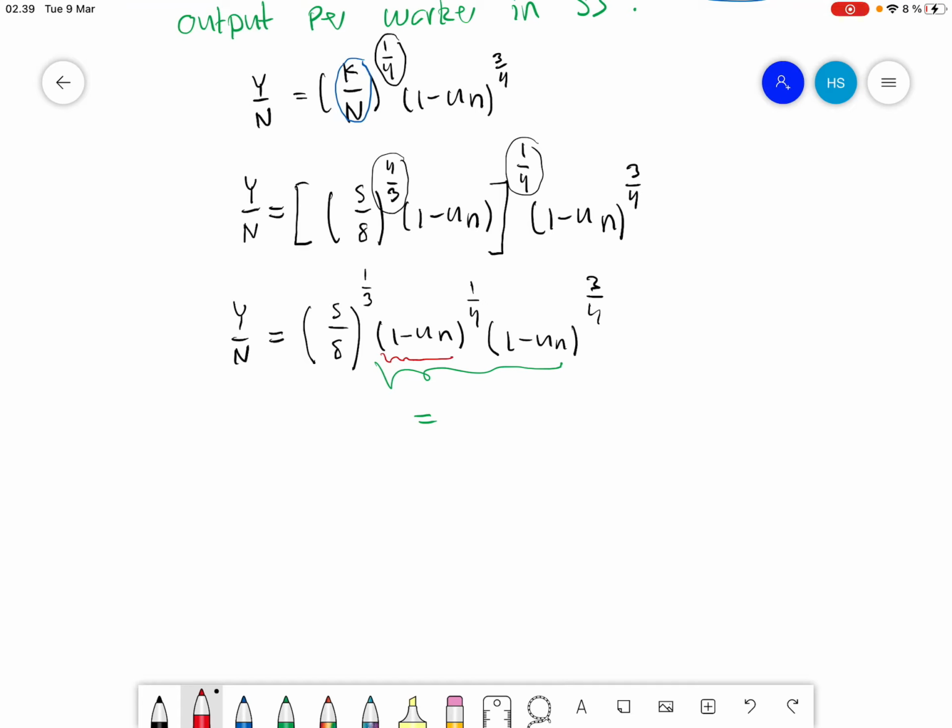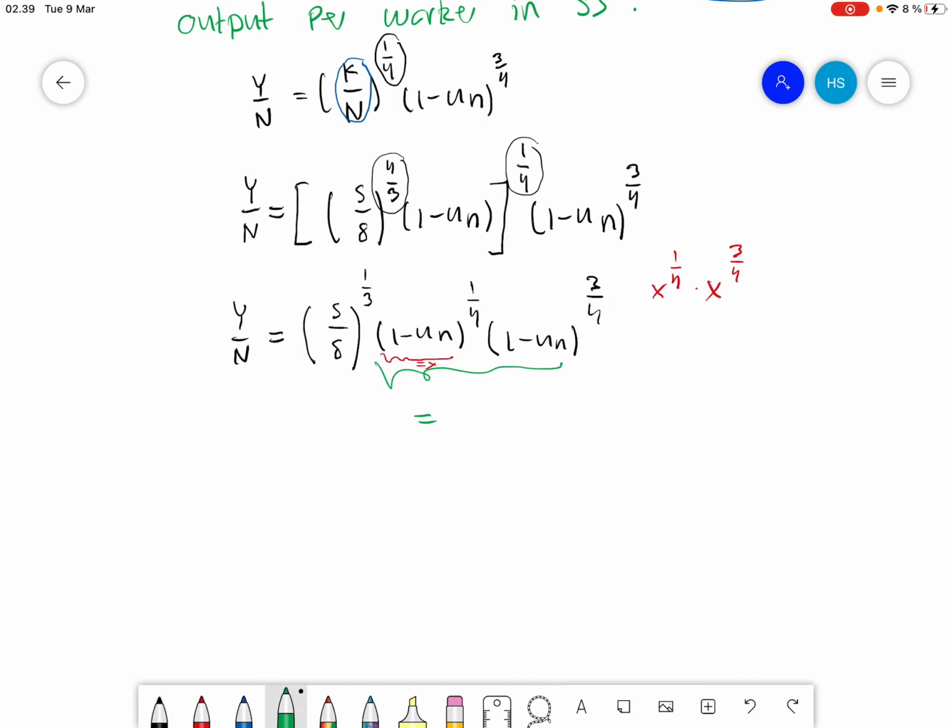So assume that 1 minus un is equal to x. Then we have x to the power of 1/4 times x to the power of 3/4. And that is just equal to x. Okay?